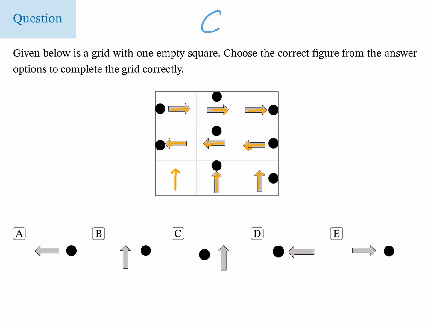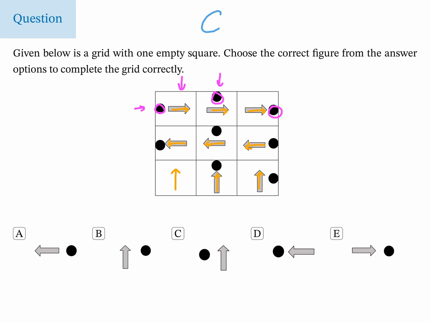Next, we can look at what the black circles are doing. Now, there's a couple of different ways, again, to address this. One of which is to look across rows again, and we'd notice a pattern that says black circle starts on the left, goes to the middle in the middle box, and then goes to the right of the arrow in the third box. But an even easier pattern to notice is when we go down columns.